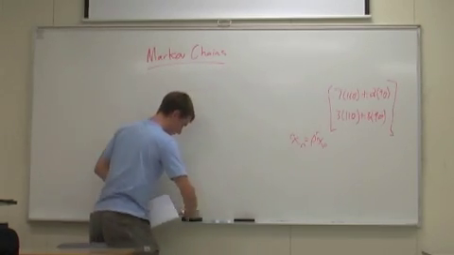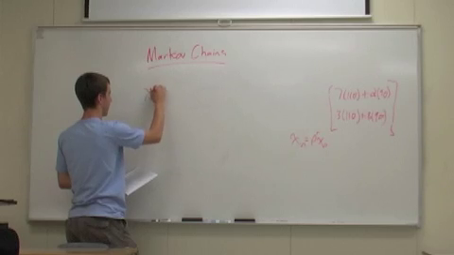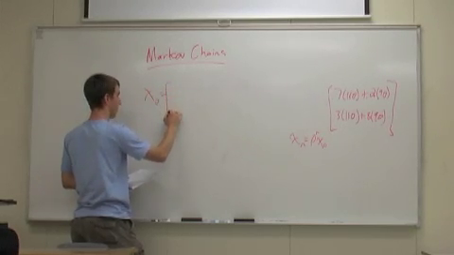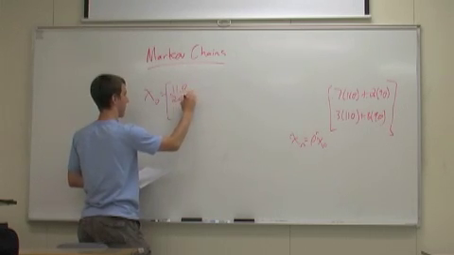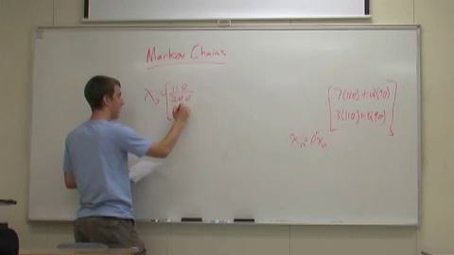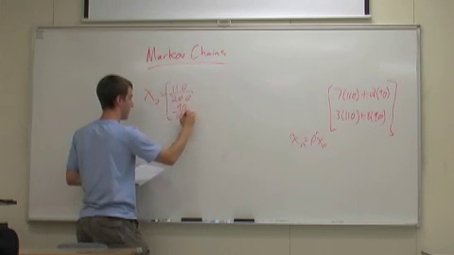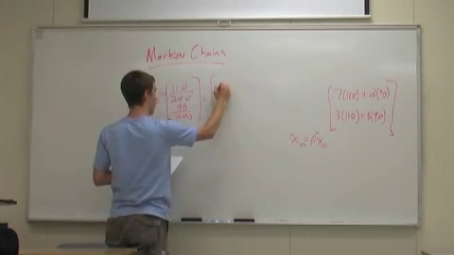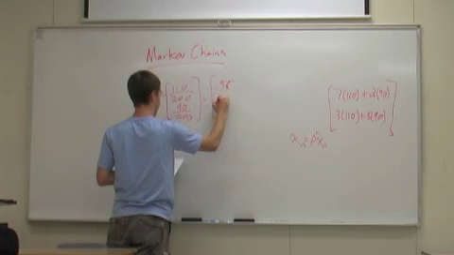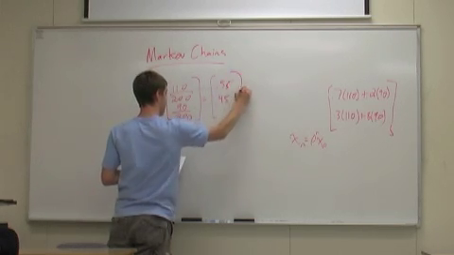So if you wanted to change this to x0 equal to 110 over 200, it's not really a probability, it's a ratio, sorry about that. And 90 over 200, which breaks down as a fraction to 0.55, or 55% and 45%.